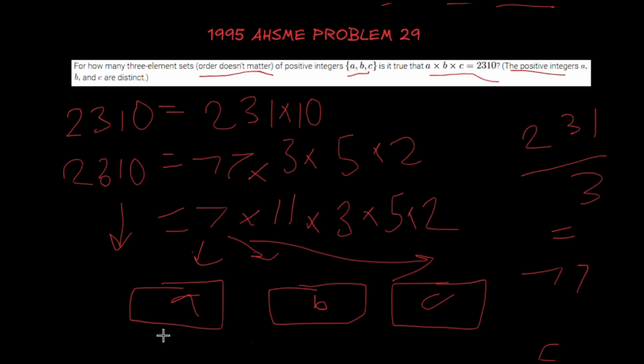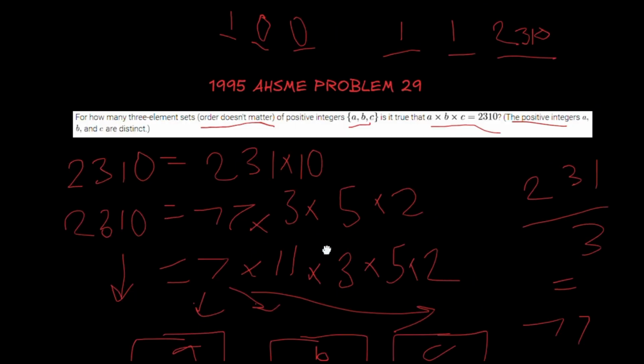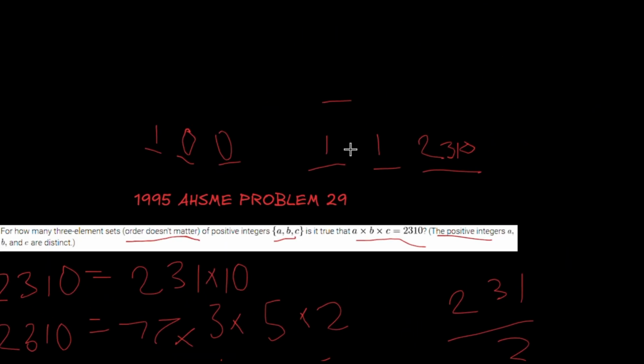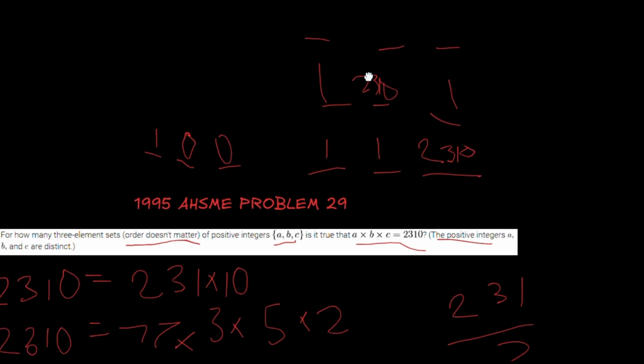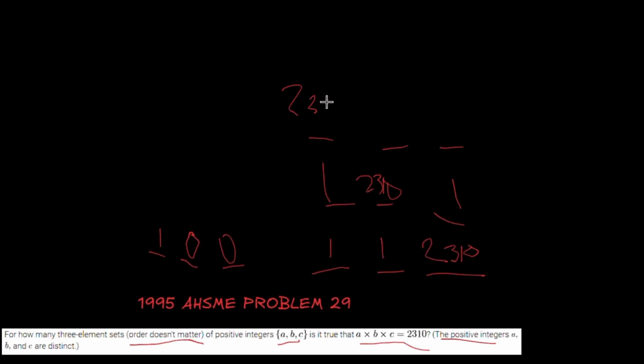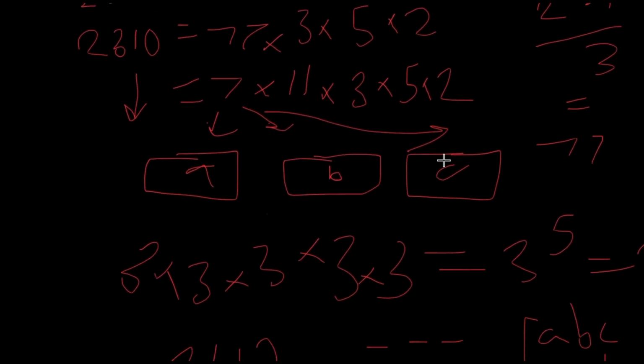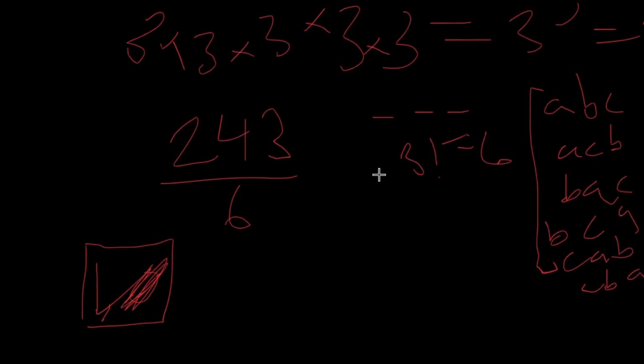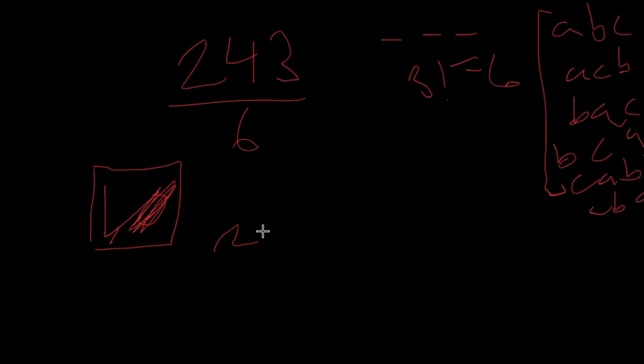We could put them all in box A, all in box B, or all in box C. There are 3 situations like that: 1, 1, 2310; 1, 2310, 1; and 2310, 1, 1. So we shouldn't have included those 3 scenarios. We subtract that from 243 and get 240.